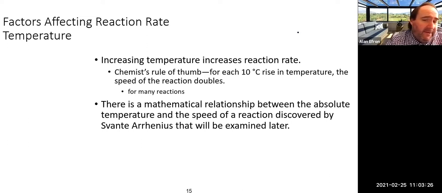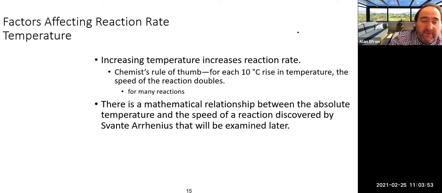Everything's really based on energy and being able to interact or break apart bonds or make bonds. So typically when we increase temperature, it will increase the rate of the reaction. If you go about 10 degrees Celsius higher, you can usually double the rate of the reaction. Alternatively, if you throw the thing on ice, for example, it typically will slow it down a lot.